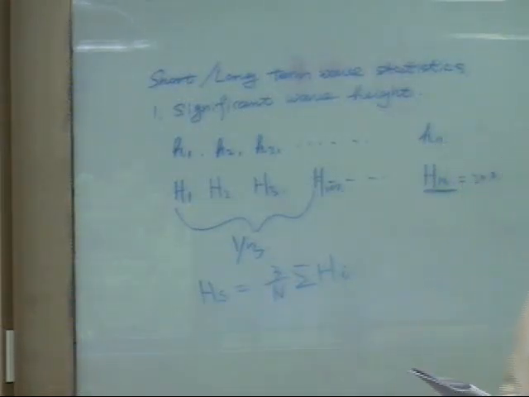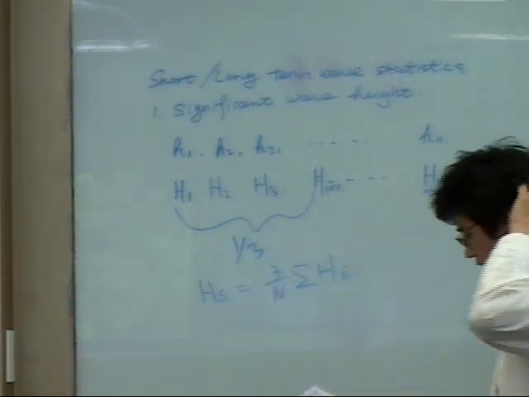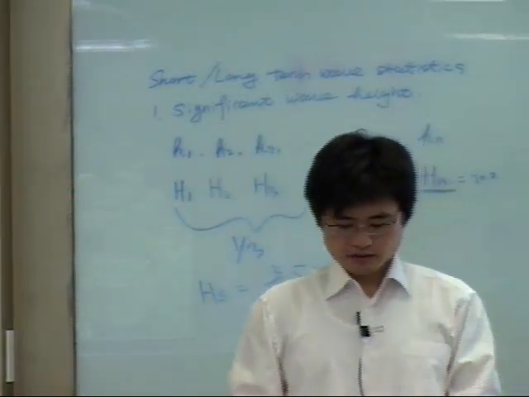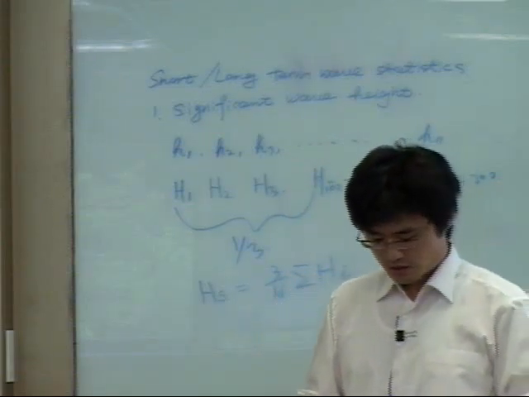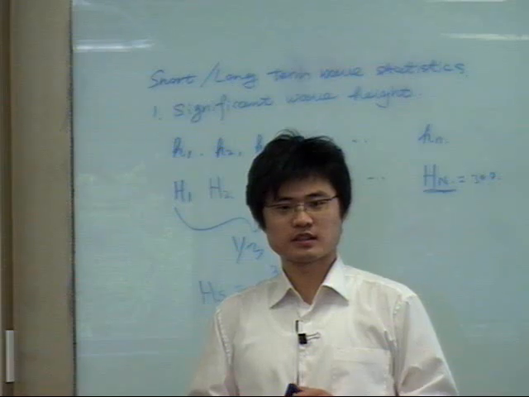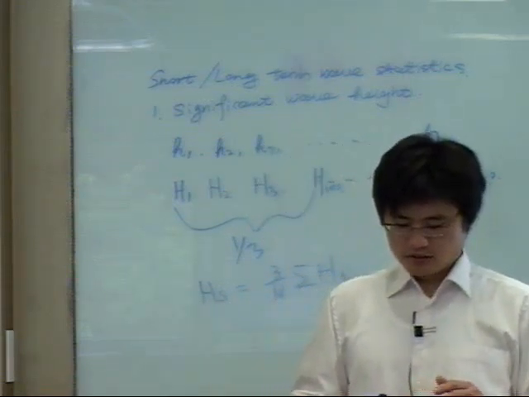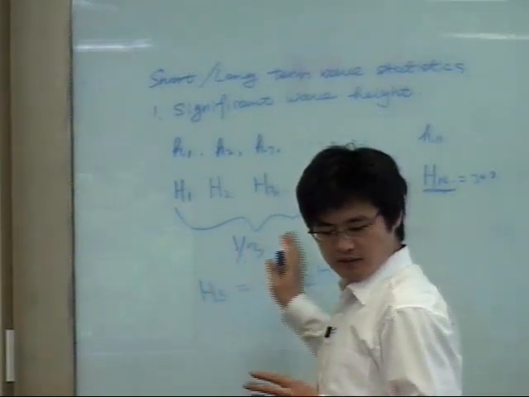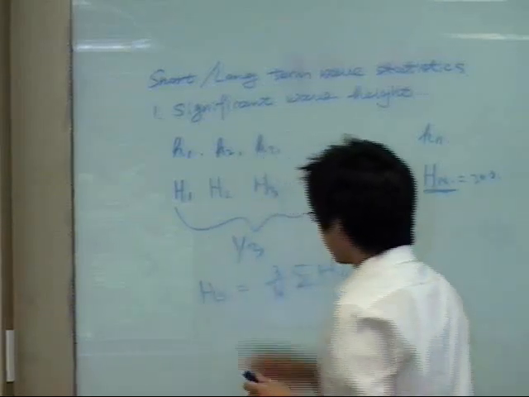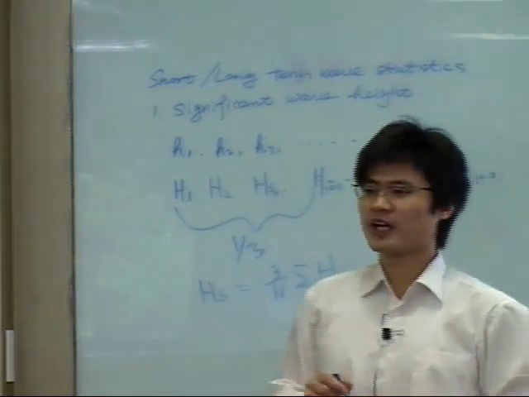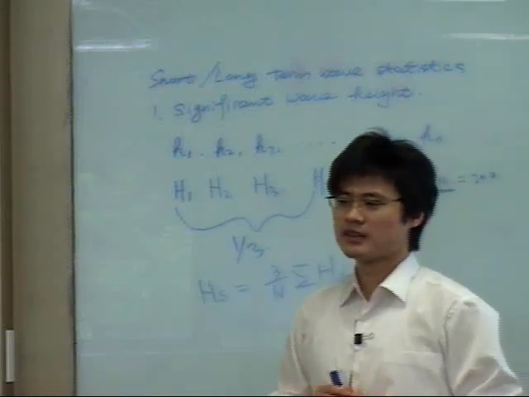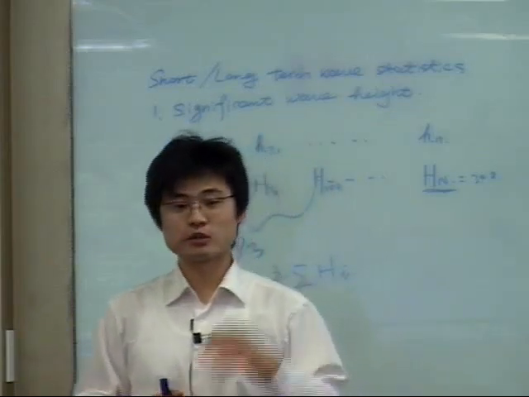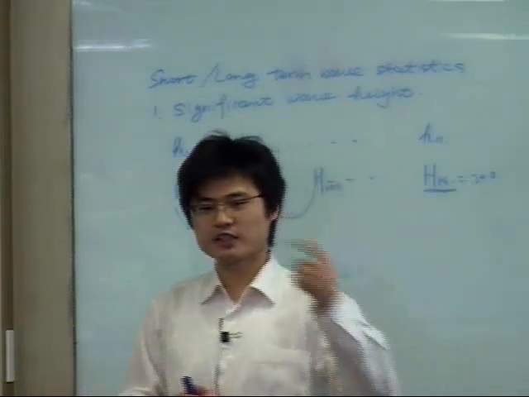Why do we have this definition? Because it's very important. It's associated with the wave statistics, and the origin of this definition is mathematically defined this way, but in reality, in the old times, the mariners, the sailors, when they are standing on the boat, they look at the waves come and go.